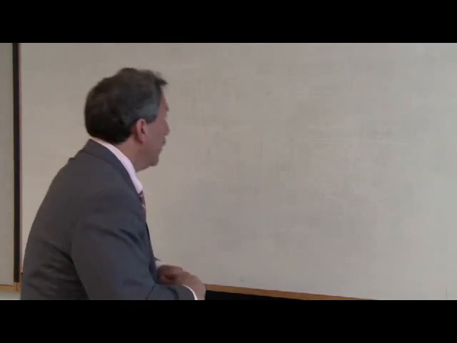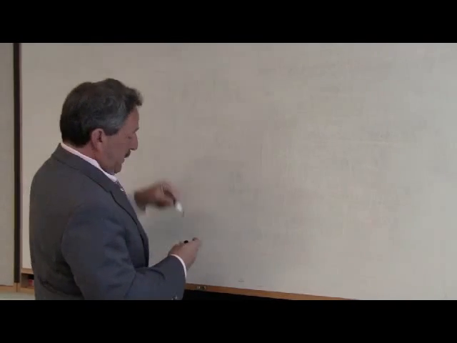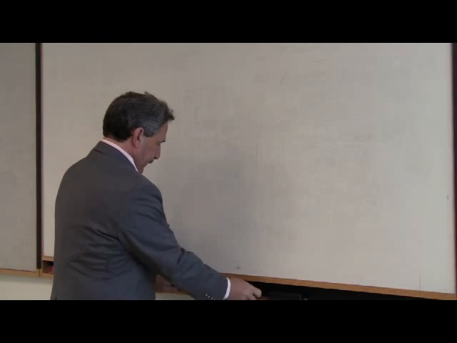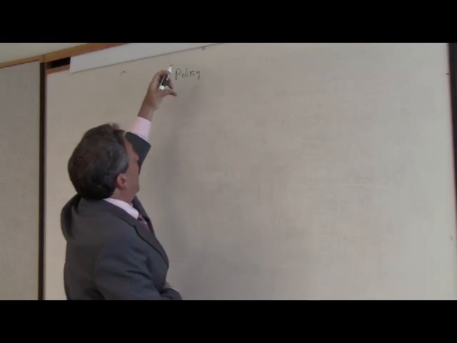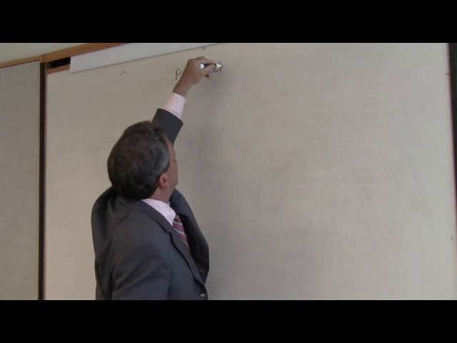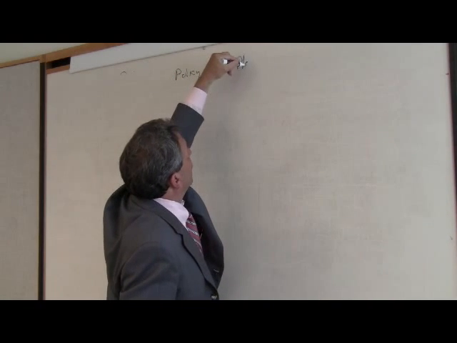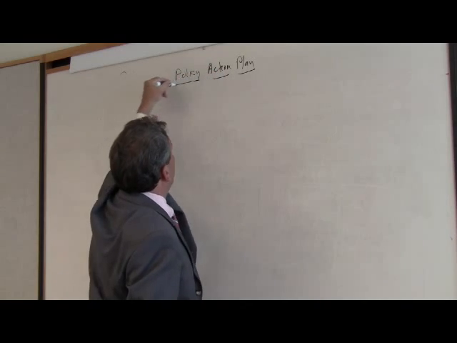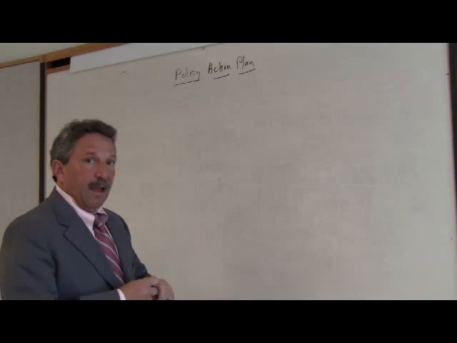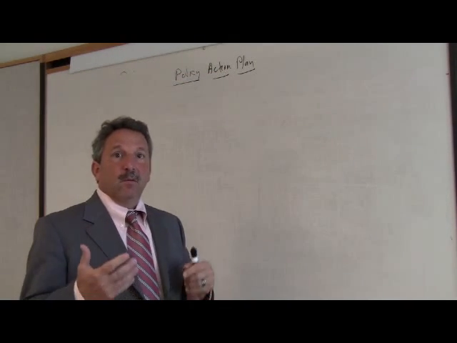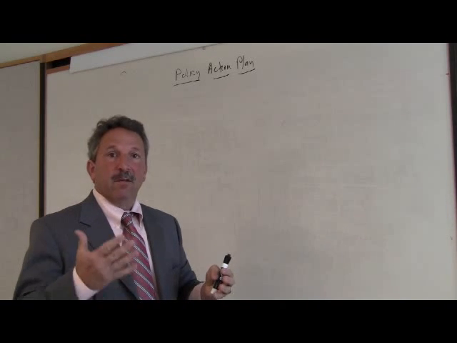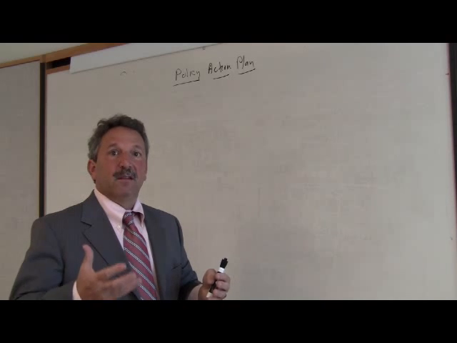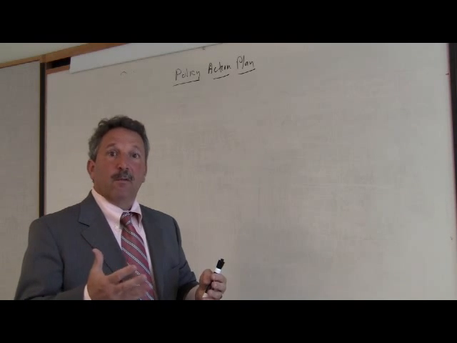So again, the frame that we're talking about is called a policy action plan. And within the policy action plan, as we've talked about already, we identify the fora, the venue in which our initiative makes the most sense to go forward in.